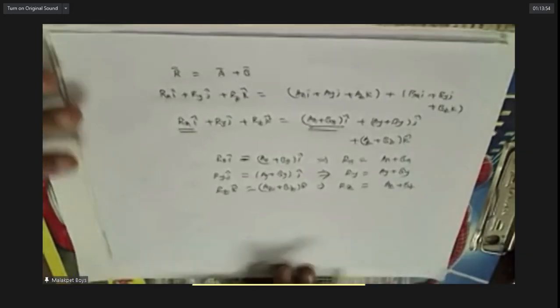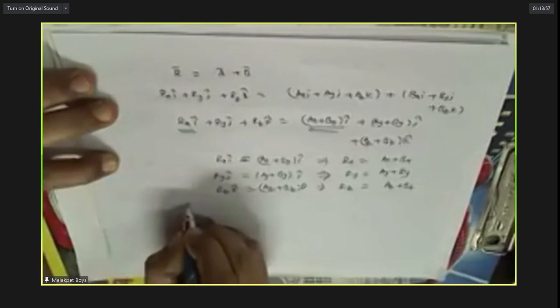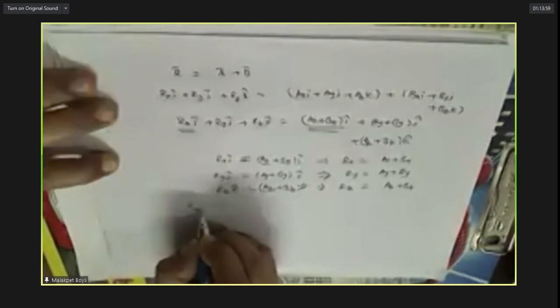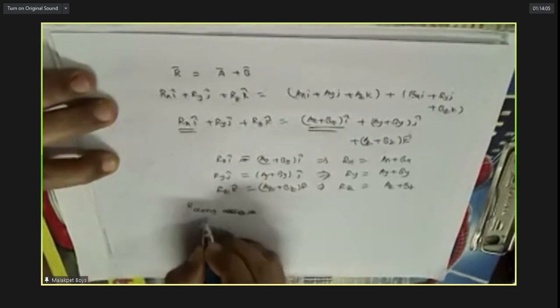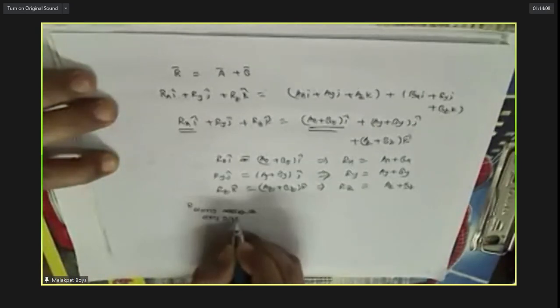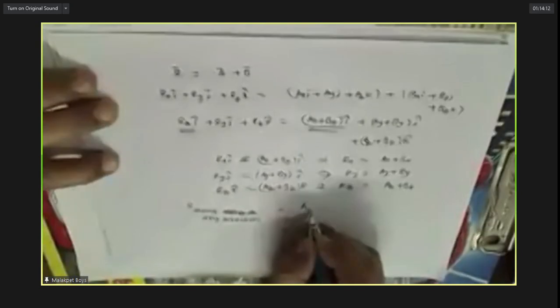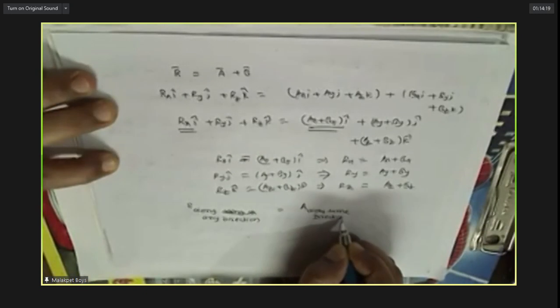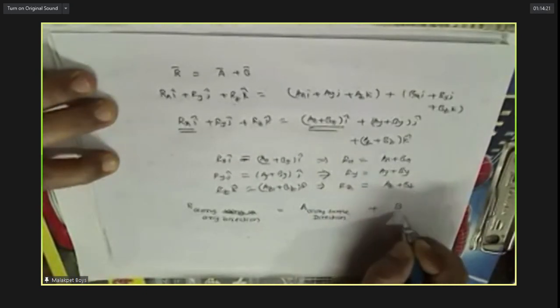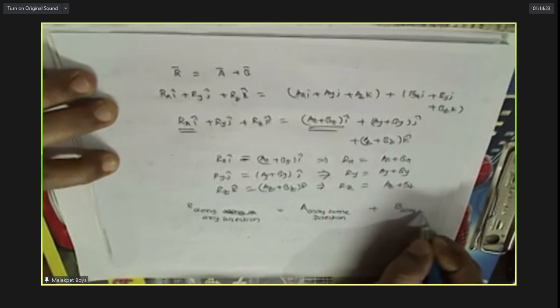Now if you compare, that means R along any direction is nothing but A along the same direction plus B also along the same direction.